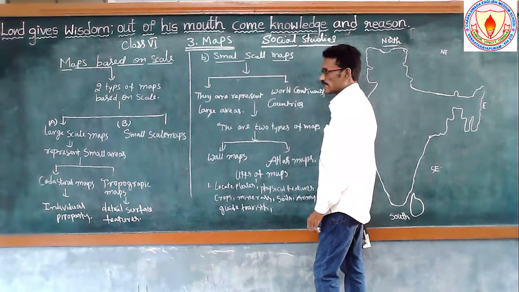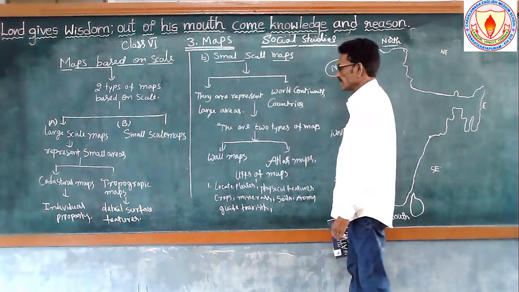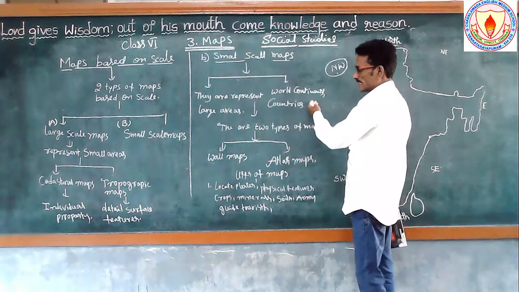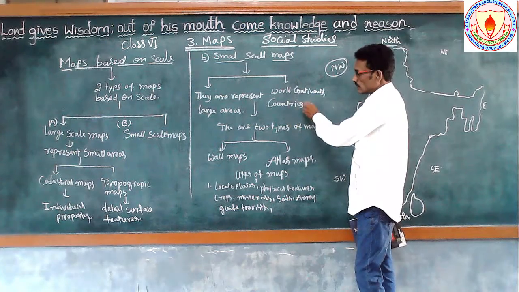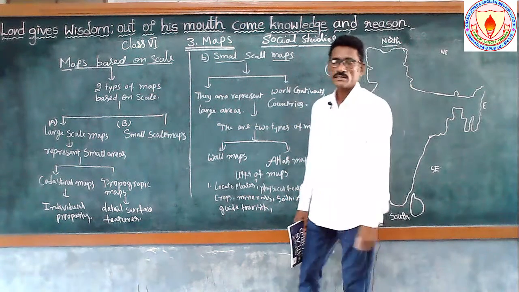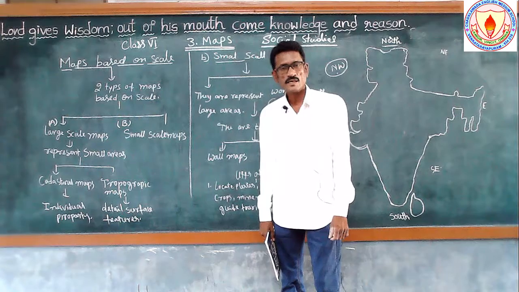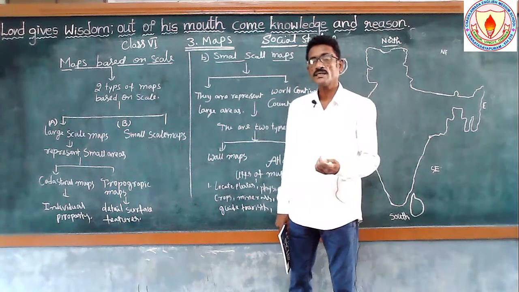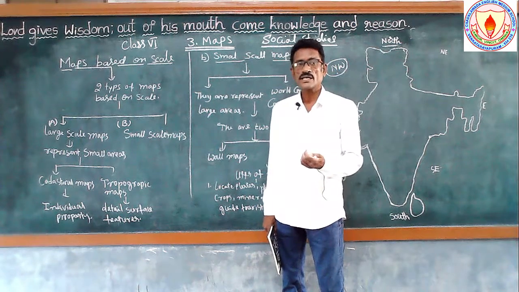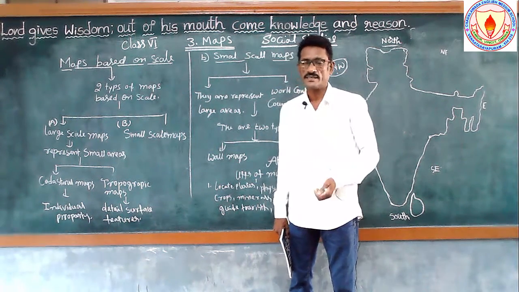They represent large areas: the world, continents, and countries. The globe is divided into 7 land masses and 5 water bodies. What are the 7 land masses? The first is the Asia continent, the biggest continent.